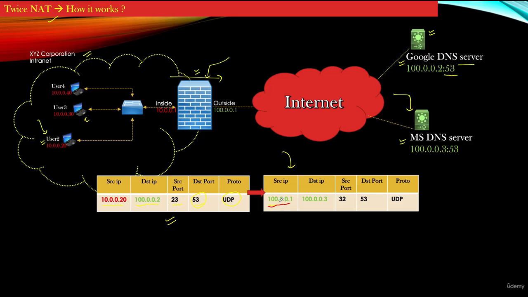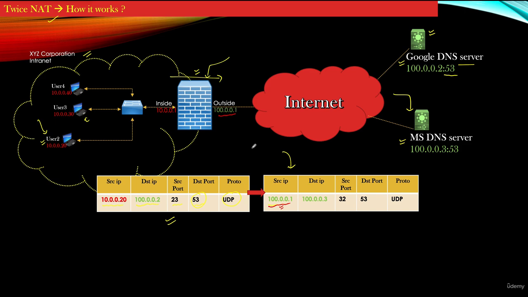It could be any public IP address which is purchased by XYZ Corporation. In this example, I have just taken the public IP address which is assigned to the outside interface, but there is no compulsion to take the IP address of an interface. It could be any public IP address purchased by XYZ Corporation.